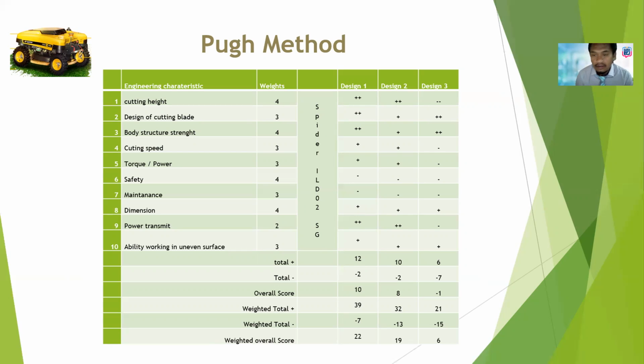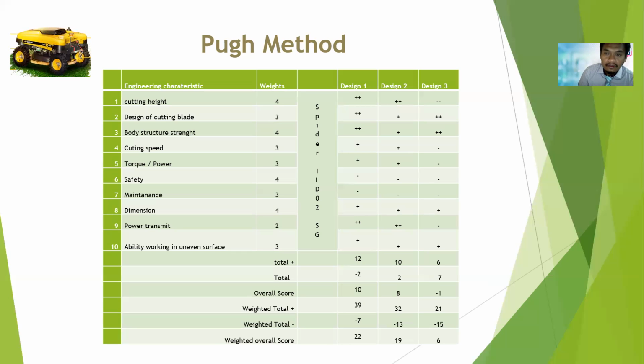But on design number 3, total positive is 6 and total negative is 7. So when we calculate the overall score with the weight total, weight positive total and weight negative total, we got the weighted overall score. So 22 score for design number one.